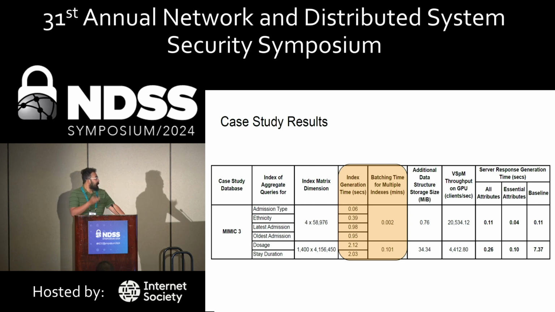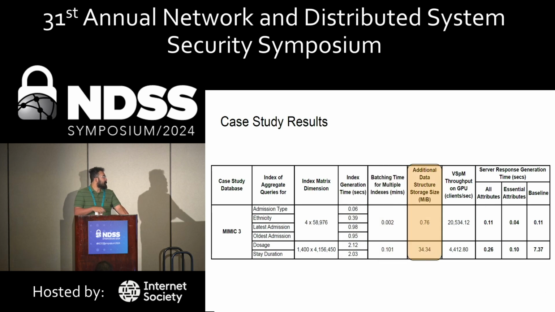Even so, we can see that the time required for these steps is not significant. The index generation time, even for generating an index of order 1,400 cross 4 million, is at most a second or 2, and the batching time for multiple indices is trivial throughout.